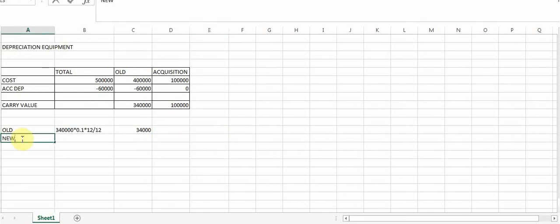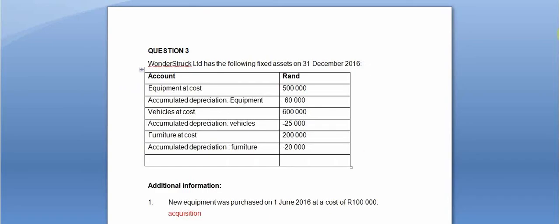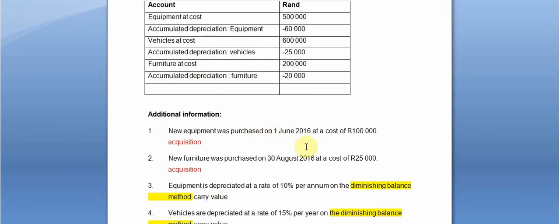Then for the new ones, my carry value is 100,000. So I'm going to say 100,000 times 10% times, and now I need to be careful. I cannot just say 12 over 12 because I have not had this forever or for an entire year or in previous years. So if I go back to the question, they tell me in note number 1 that it was purchased on 1 June 2016.